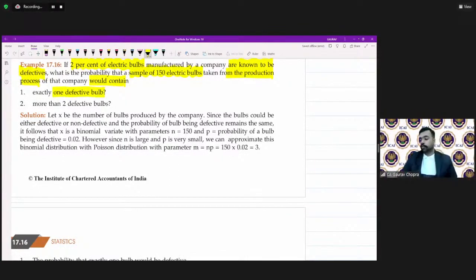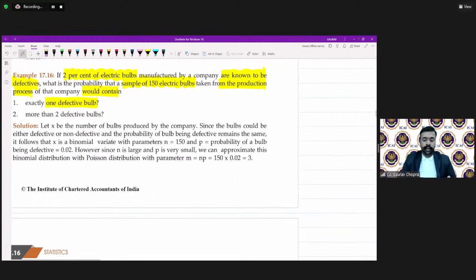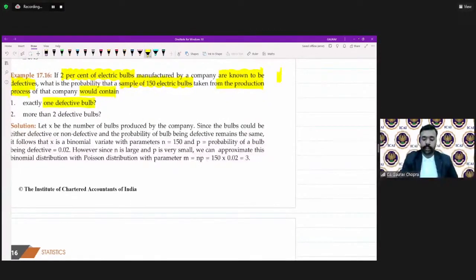So this is the kind of question. How to solve this? So always try to write the given values and you will get your result. So what is given? 2% of electric bulbs are defective. So this is the probability of defectives. So P is 2%. We have taken a sample of 150 electric bulbs.